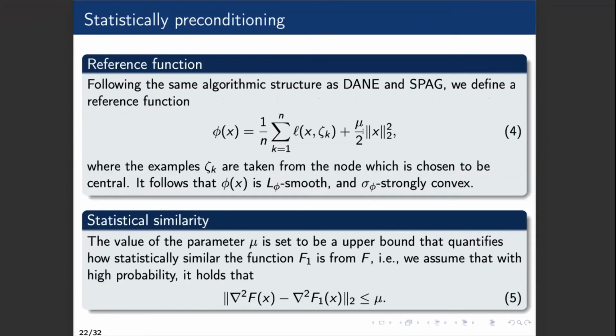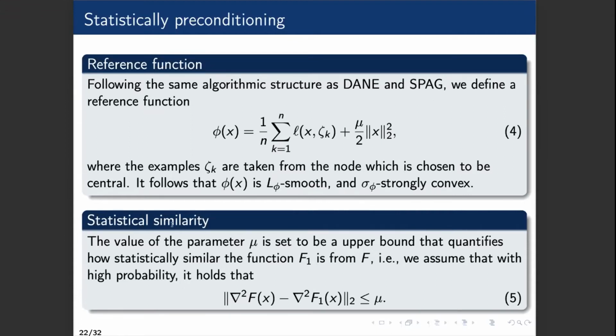We assume that the central part is like a reference function, similar to DANE and SPAG, and we assume that this function is statistically similar to the whole f of x.